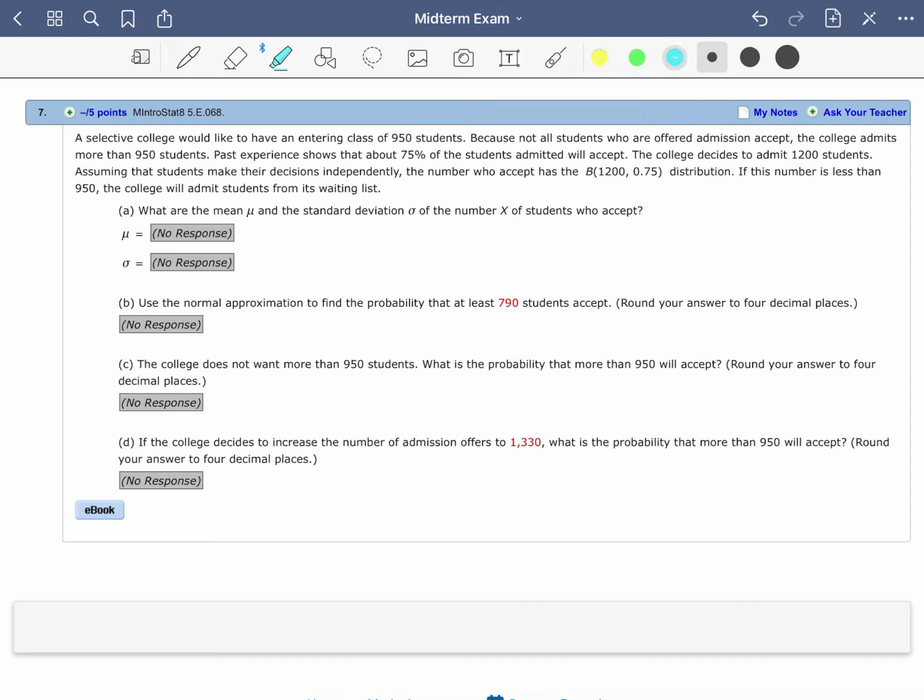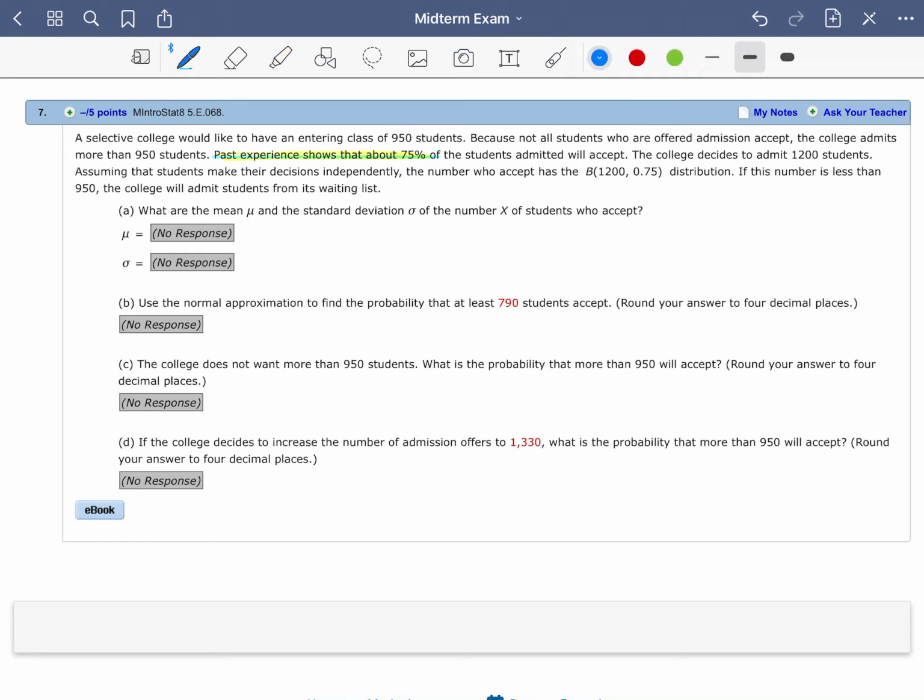On average, past experience says like 75% of the students admitted would appear. Okay, so about 75%. And you're also told the number who accept the admission has the binomial distribution of 1200 with the success rate of 75%.